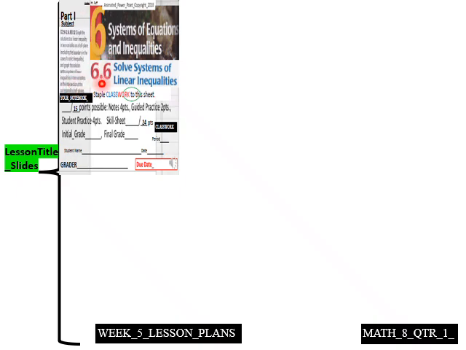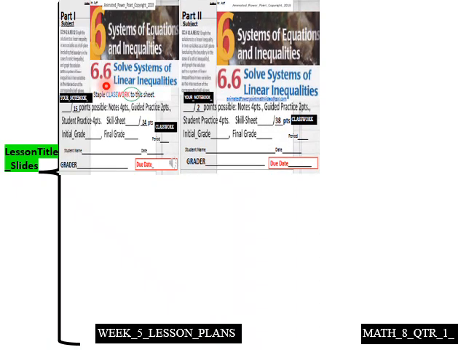And there's 15 points here of note-taking for 6.6 part 1, and then we do 6.6 part 2, solve systems of linear inequalities. Classwork part 2 is 38 points, and then 2 points of note-taking.